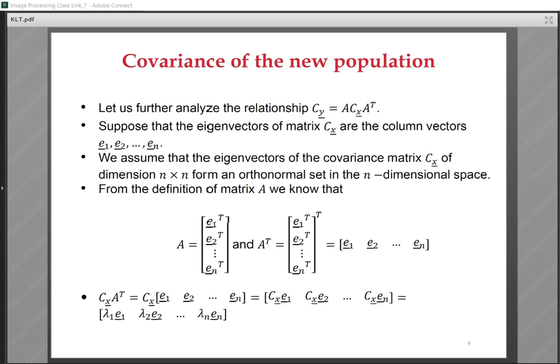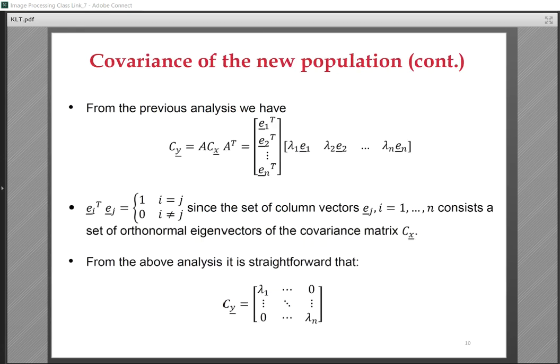Because each of the eigenvectors has a corresponding eigenvalue: E1 lambda 1, E2 lambda 2, etc. Cx E1 gives us lambda 1 E1, Cx E2 gives us lambda 2 E2, and so on, up to Cx En with lambda n.